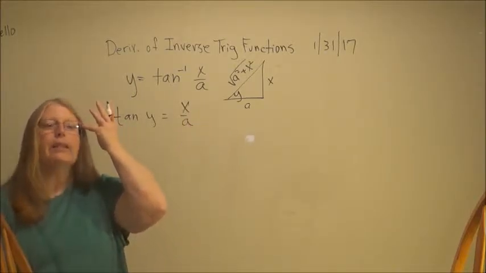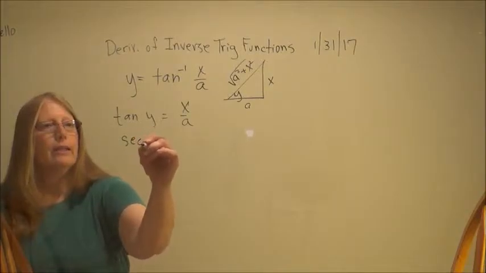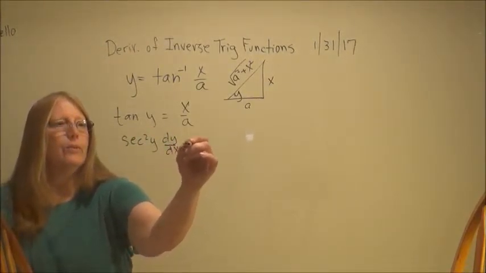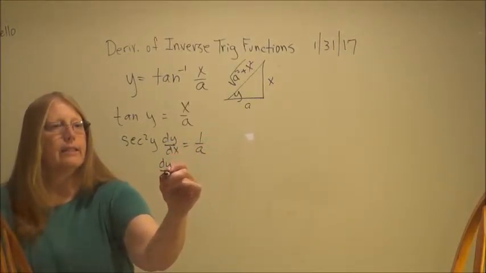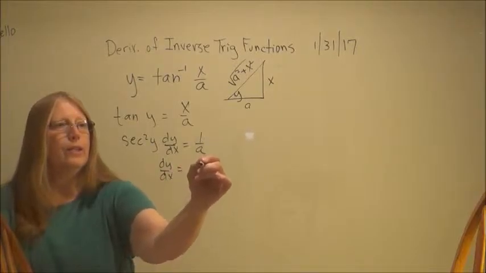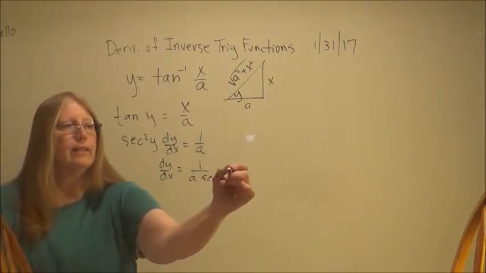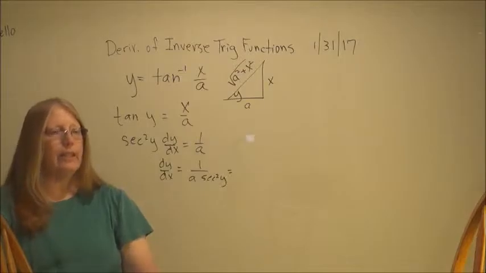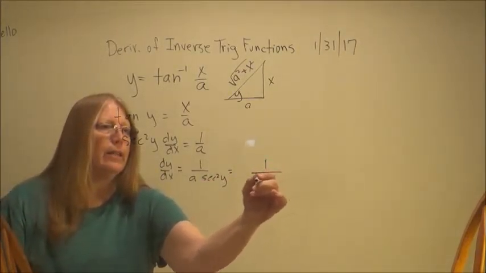With implicit differentiation, secant squared y times dy/dx equals 1 over a, so dy/dx equals 1 over a secant squared y. Secant squared is in the denominator. I could change it to cosine in the numerator, but it's all right where it is.